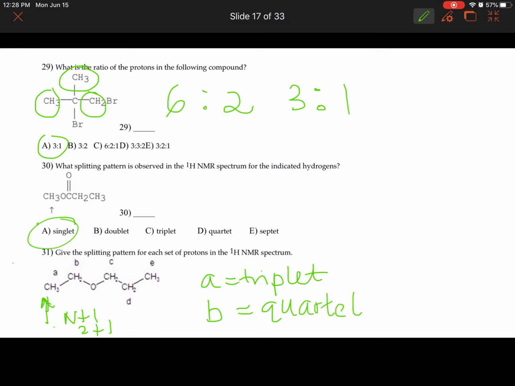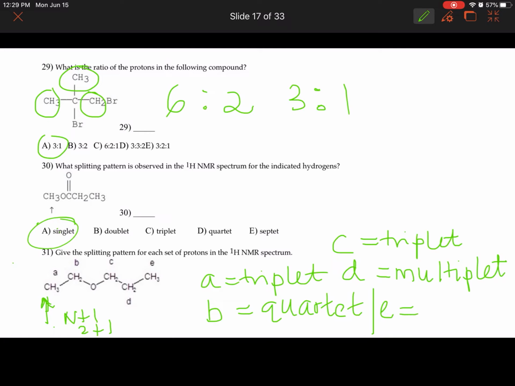And then carbon B would be split according to the n+1 rule. 3 plus 1 would be a quartet, 4. And carbon C will be split by 2 hydrogens on D, giving us a triplet. And then the D, there are 2 hydrogens on carbon D. That can be split by hydrogens on carbon C and carbon E. So there are 2 on carbon C, 3 on carbon E, 5. But they are not going to be equivalent because their connections are different.